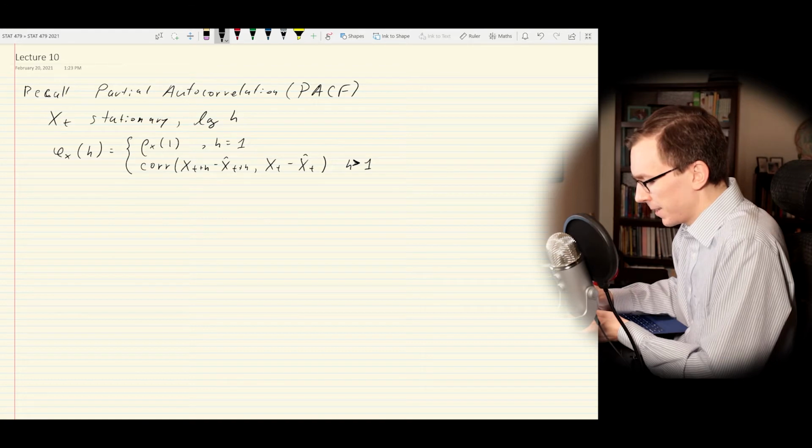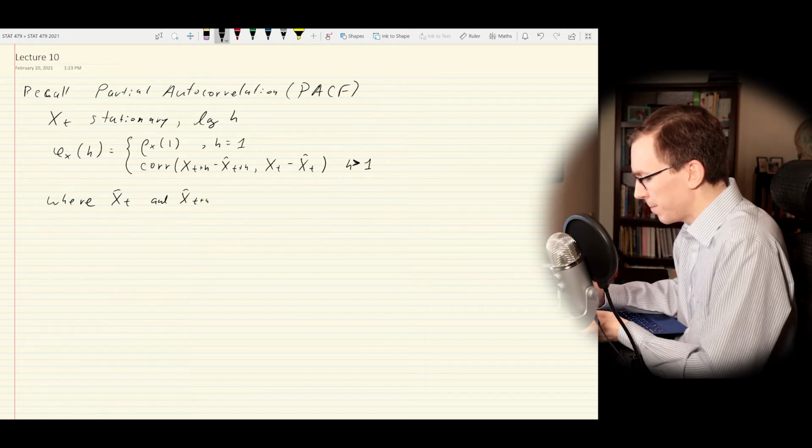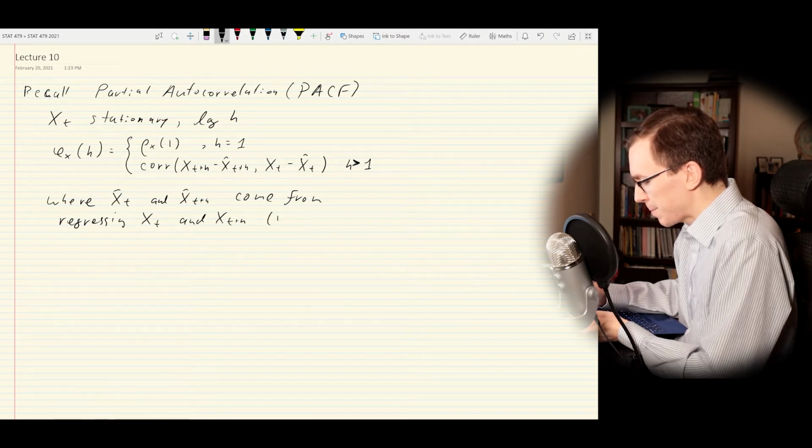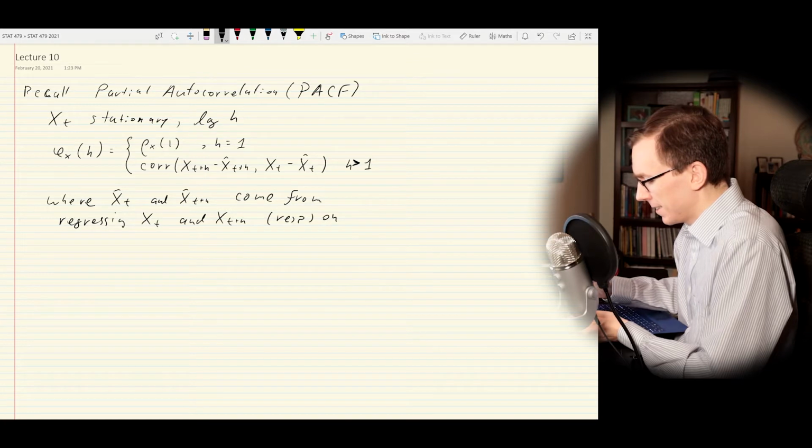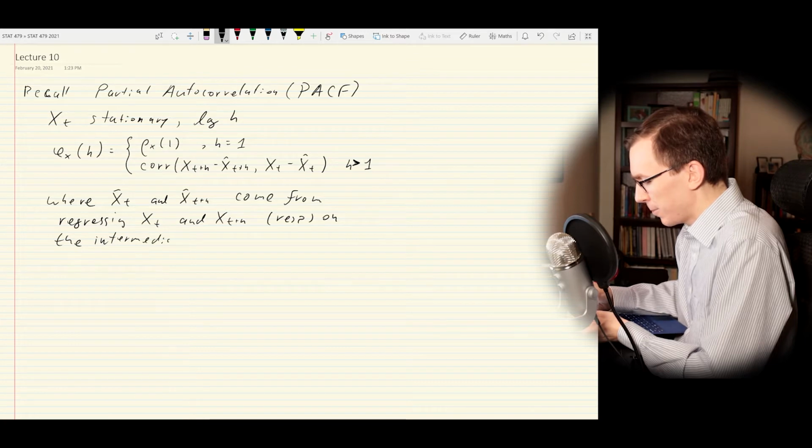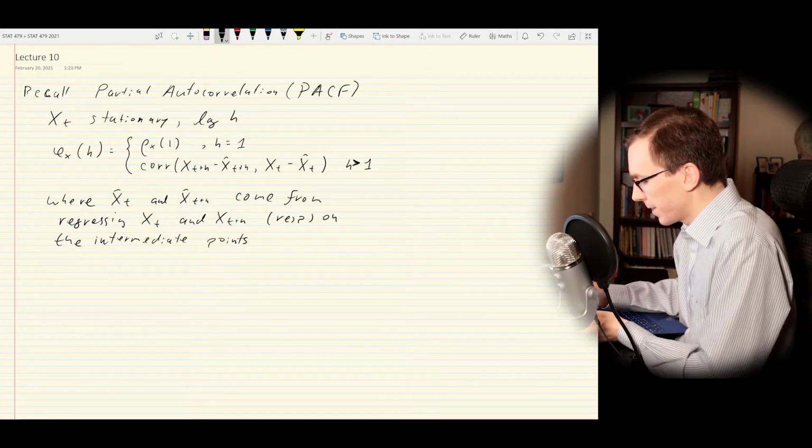So again, where X-hat_t and X-hat_{t+h} come from regressing X_t and X_{t+h} respectively on the intermediate points, which are X_{t+1} up to X_{t+h-1}.